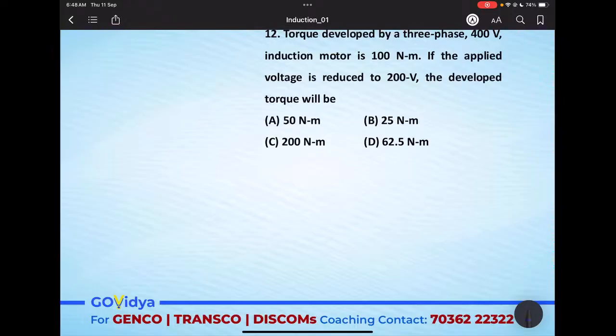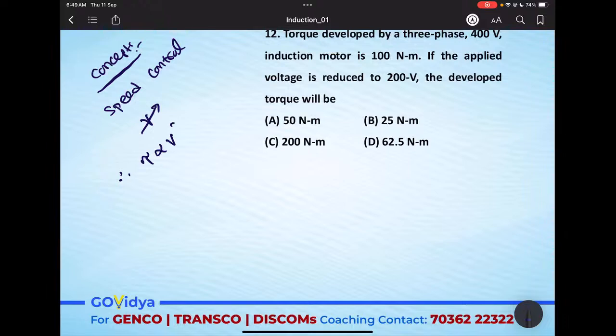If you read the question, the concept is about speed control by controlling the voltage. We know the relation between torque and voltage: torque is directly proportional to V square.